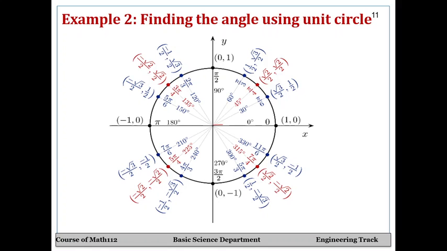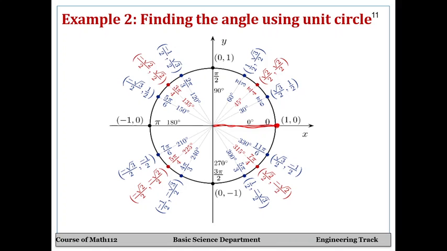Let's start with the 0 degree angle. The initial side and the terminal side coincide, so if it is 0 here, they have to be the same.